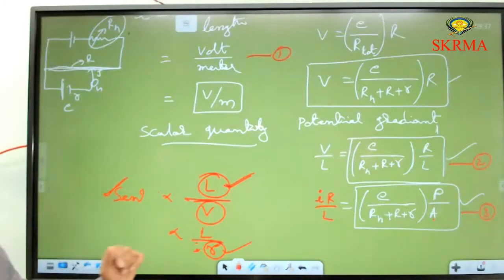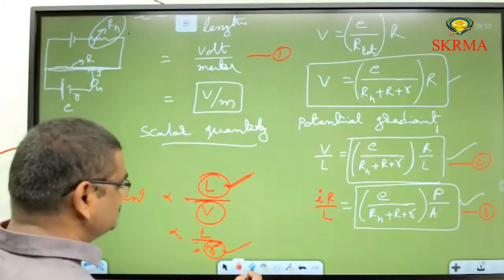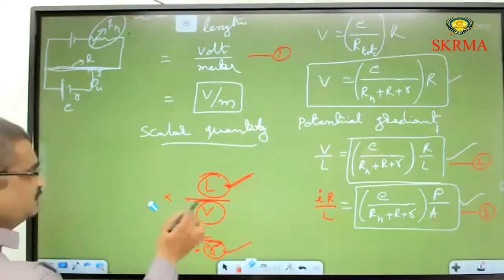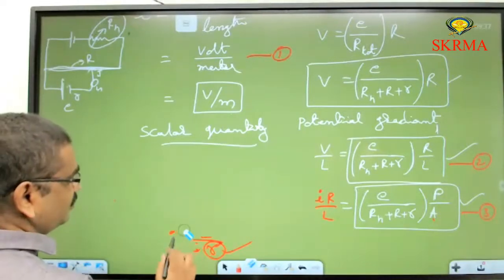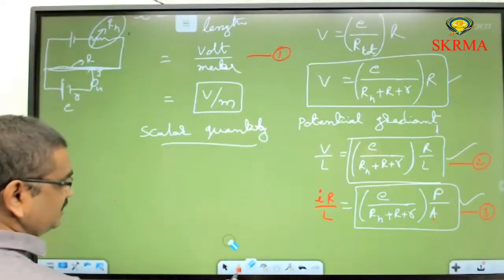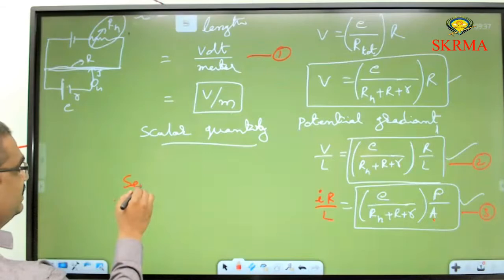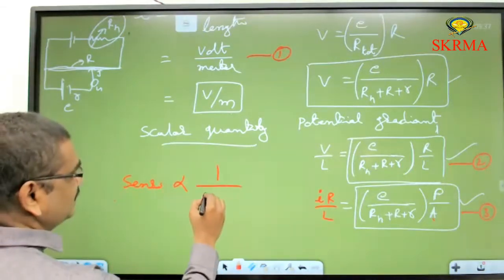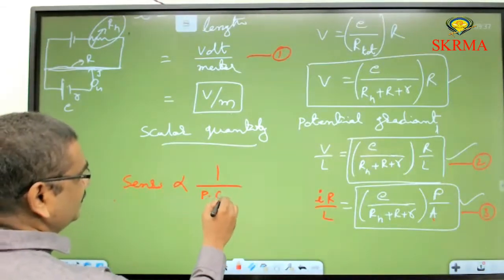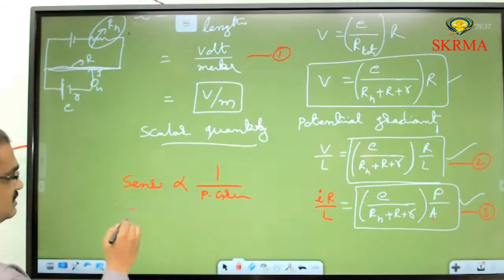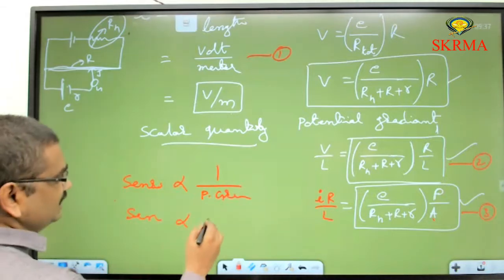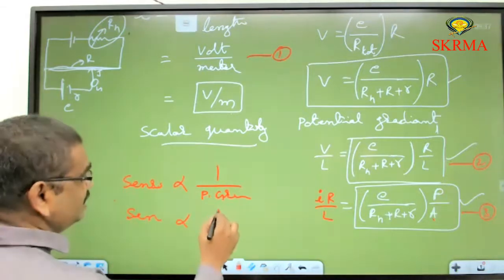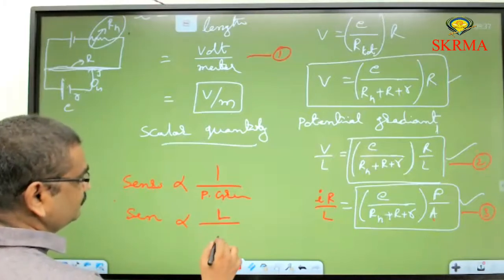On which basis am I explaining that? Sensitivity is inversely proportional to potential gradient. So sensitivity can be written as directly proportional to length by I into total resistance, since potential gradient means potential by length.